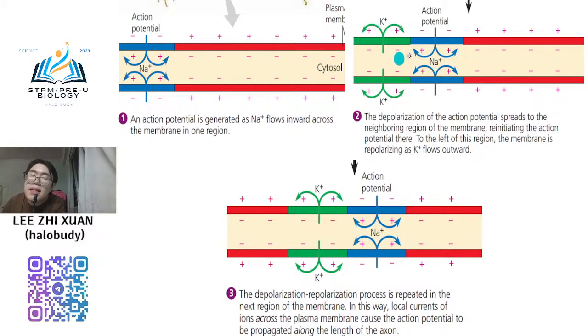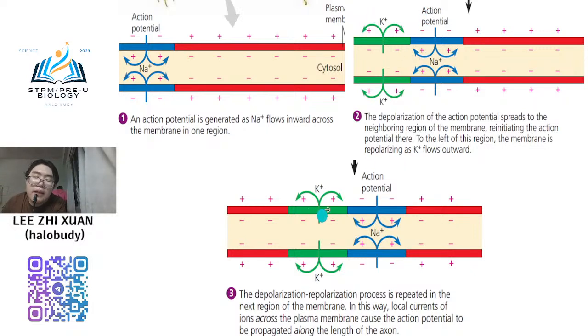Meaning that depolarization of the A region will cause the B region to trigger the action potential and reinitiate the action potential there, and then the A region will start to repolarize again and return back to the resting state. And the membrane is repolarizing as potassium ions flow out.